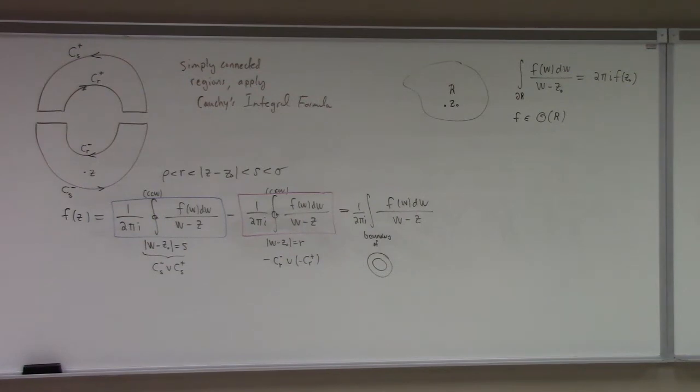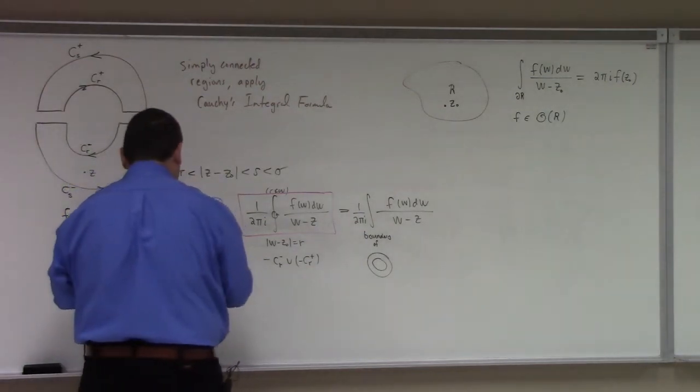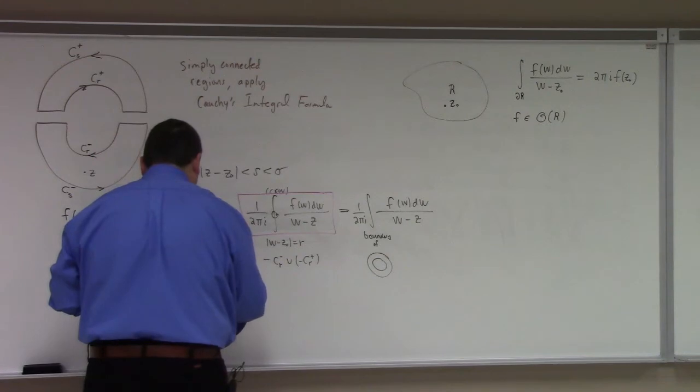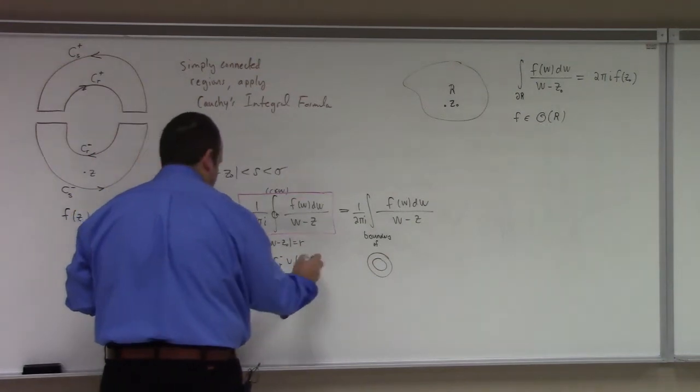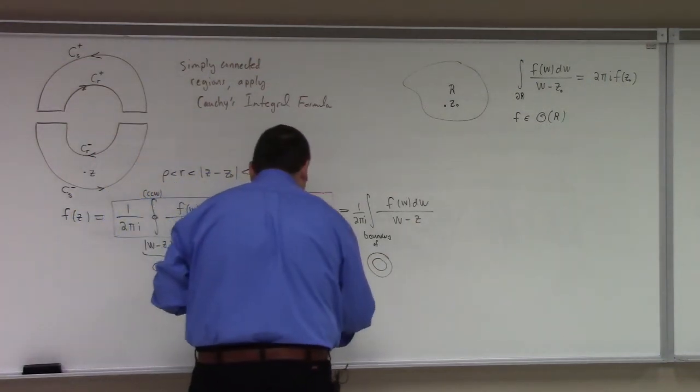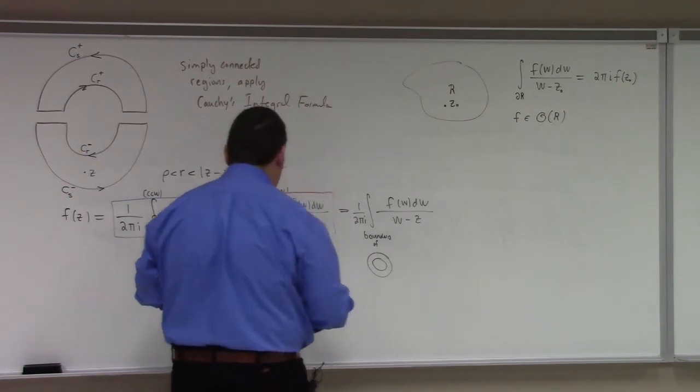You don't know. So your initial guess agrees with my notes. I say that the first one is f0, and this one over here is f1 of z.